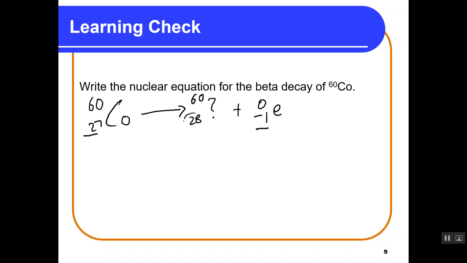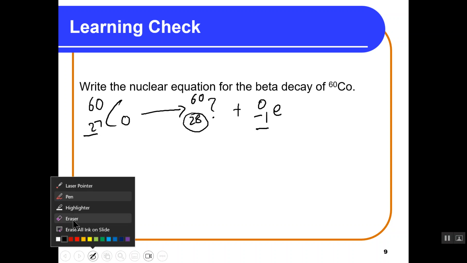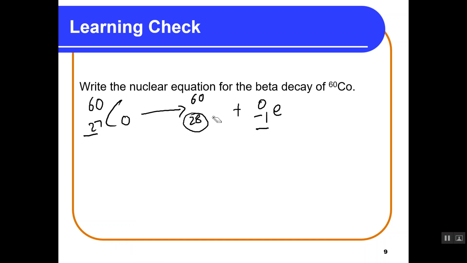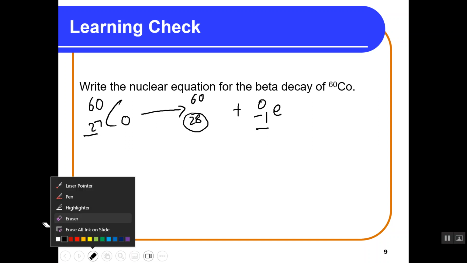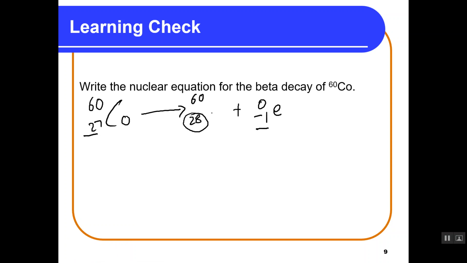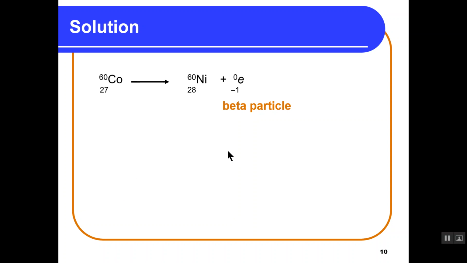So I would go to the periodic table and look up the element that has the atomic number 28, and that element is nickel. So I'm going to erase this here and put the symbol for nickel in its place, Ni, and that would be the balanced nuclear equation for the decay of cobalt-60. All right, so that's basically the answer for that question.